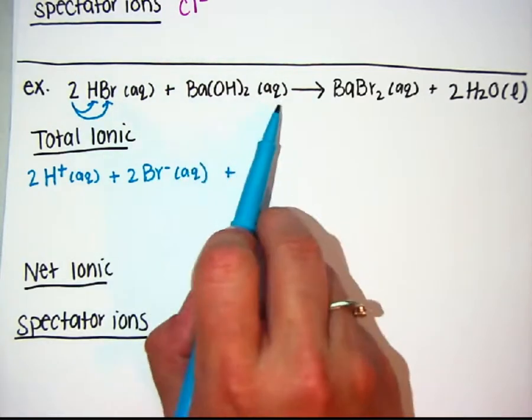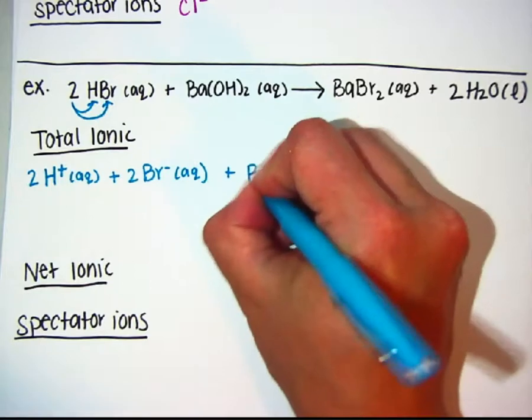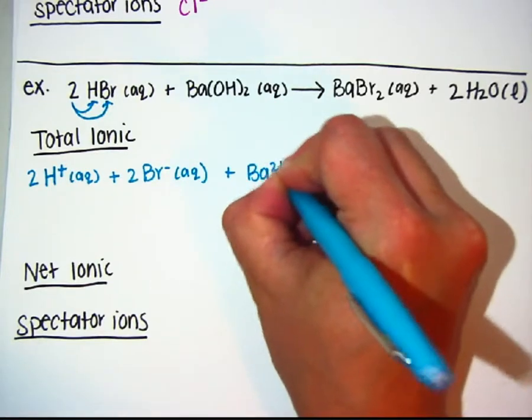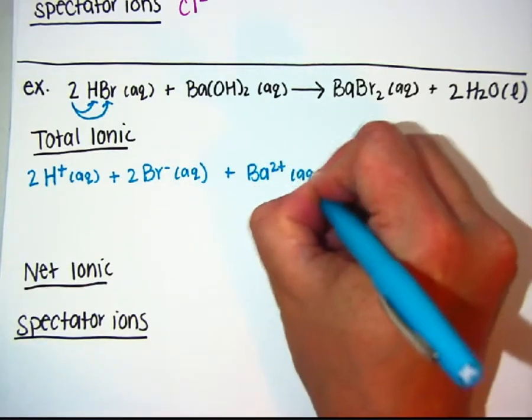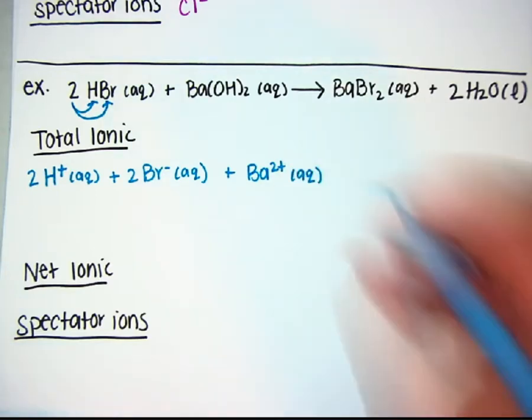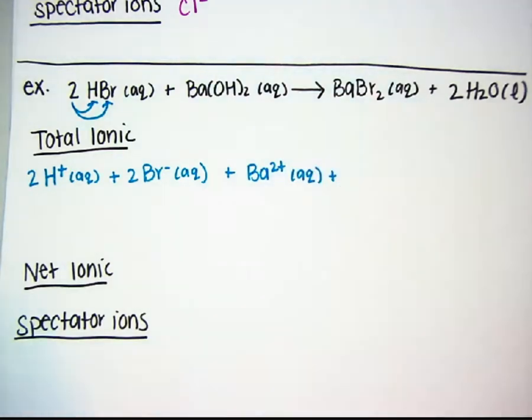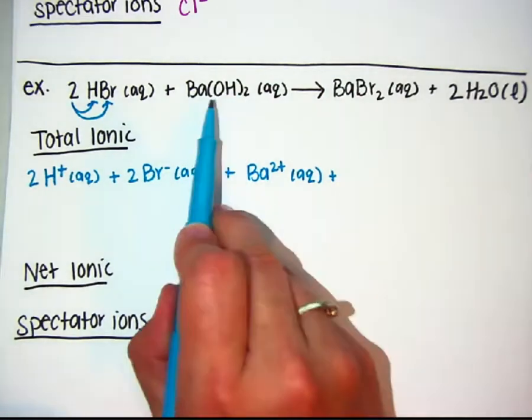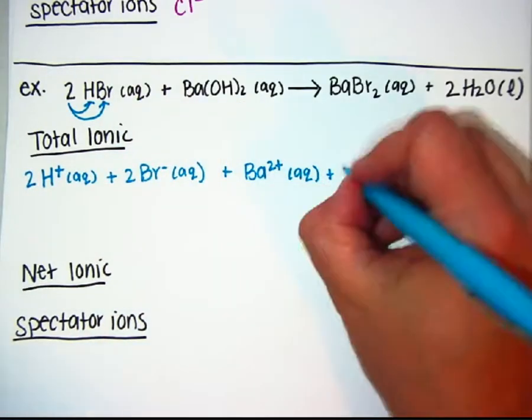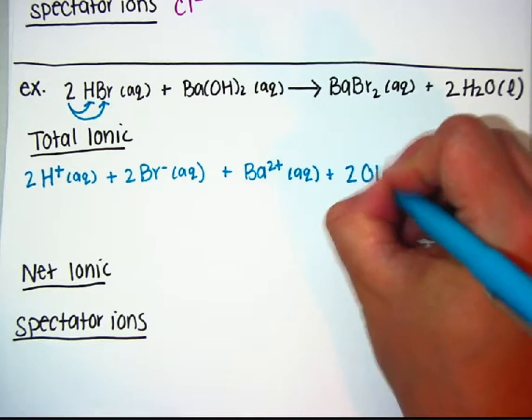Barium hydroxide is aqueous. It's going to dissociate into its individual ions. It's going to break up into barium ions and hydroxide ions. And I have 2 hydroxide ions. I'm going to take that subscript and pull it forward like a coefficient.